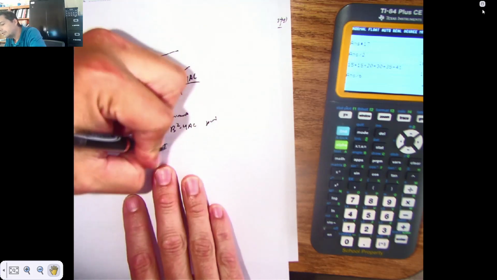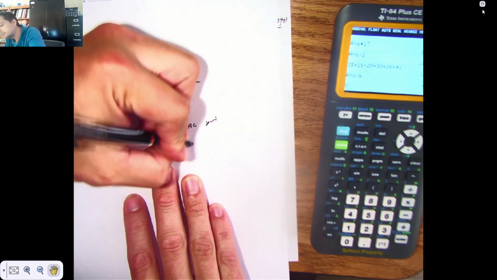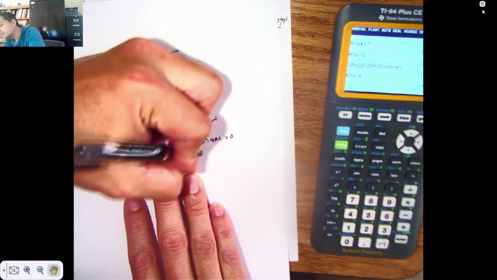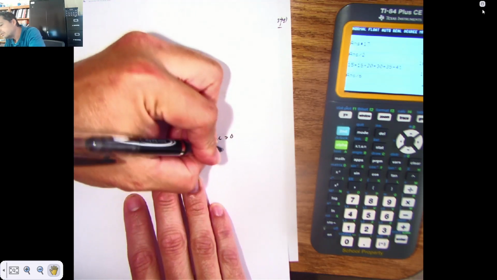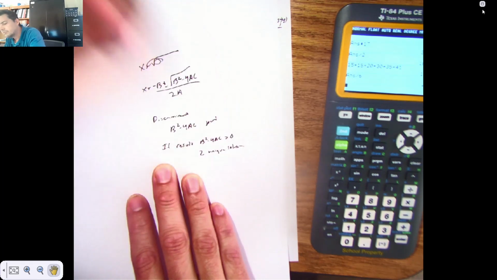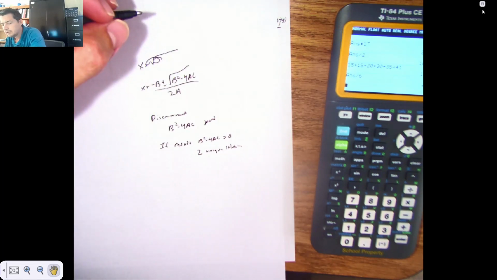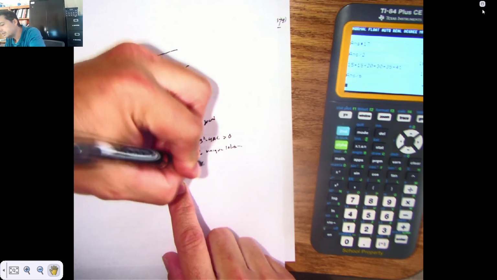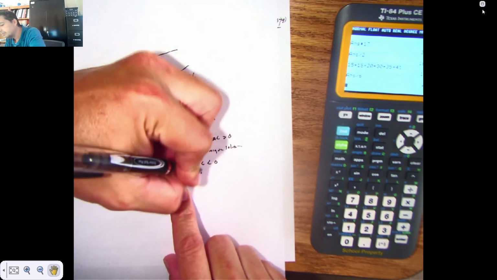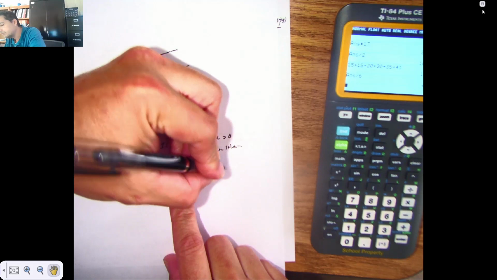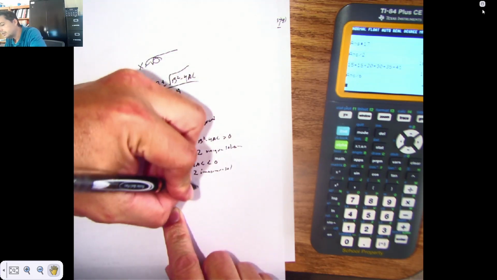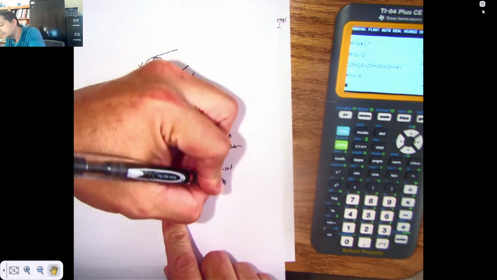And if the result, b squared minus 4ac, is greater than 0, we have two unique solutions. If b squared minus 4ac is less than 0, we have two imaginary. And if b squared minus 4ac is equal to 0, we only have one solution.